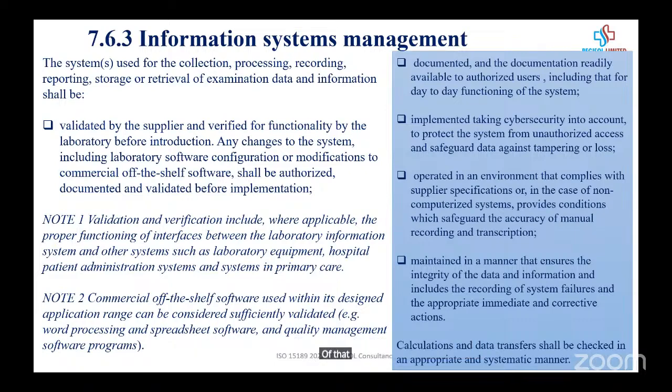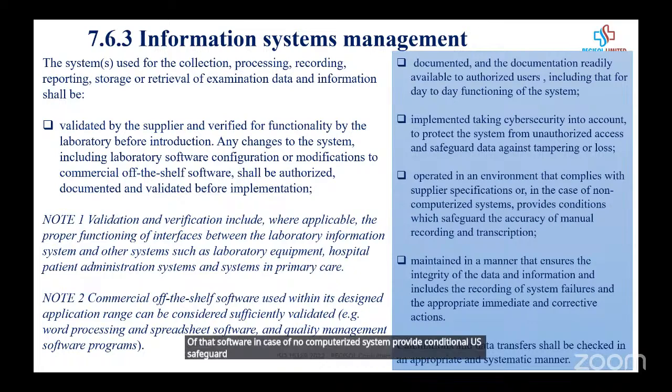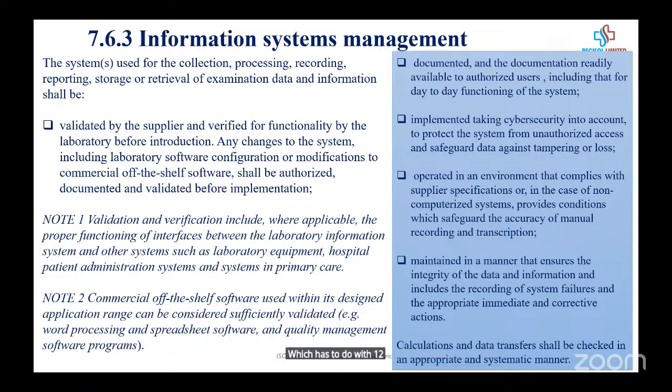In case of a non-computerized system, provide conditions that safeguard the accuracy of the manual recording and transcription of that information. This has to do with information management, which has to do with the 12 quality system essentials. What this whole standard talks about is spreading the 12 quality system essentials and the lab process across these 5 main clauses.